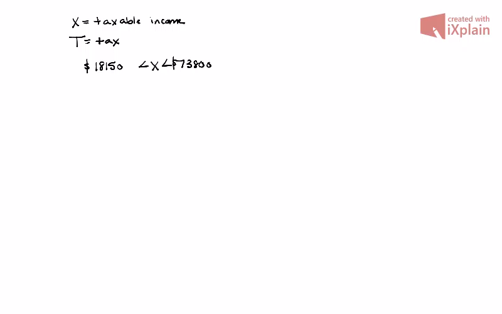So we would pay $1,815 plus 15% of the excess over $18,150. Believe it or not, this is enough information in order for us to create an equation.